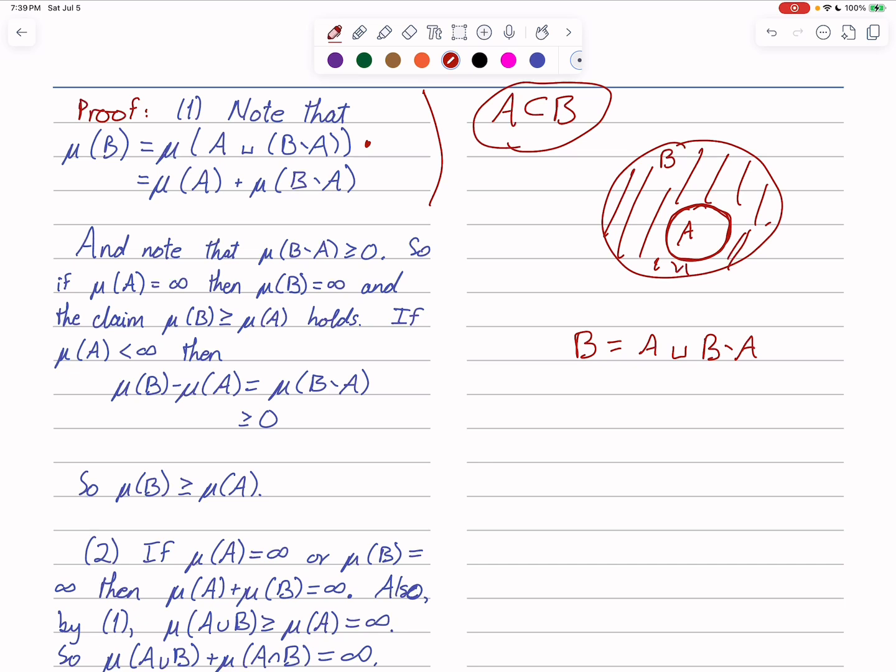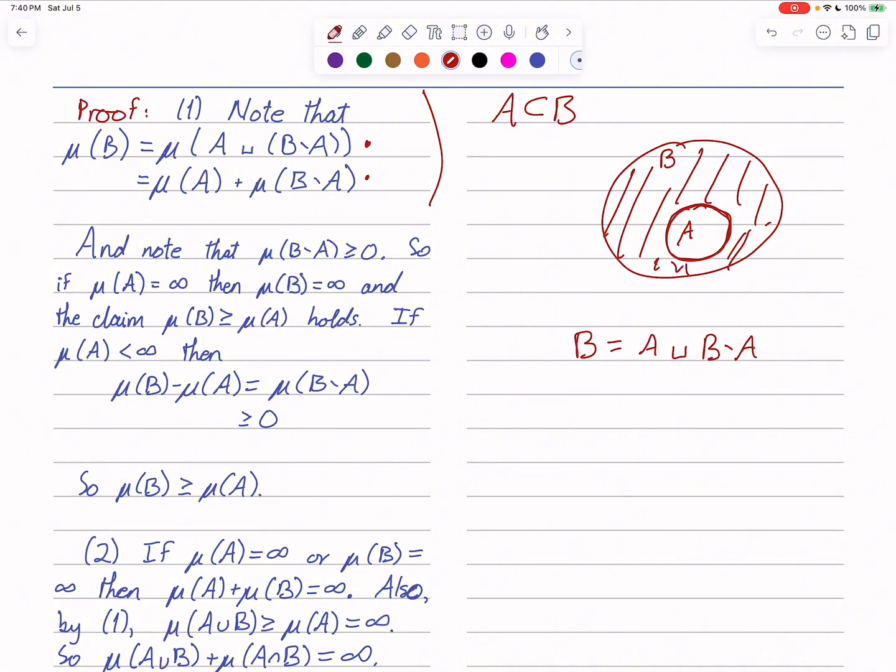Of course, it depends on the fact that A is a subset of B, but it might be a good exercise for you right now to just pause the video and make sure that you could formally prove that if you had to. In any case, the point of doing that is so that I can use sigma additivity and break up these measures, which is exactly what I do on the next line.